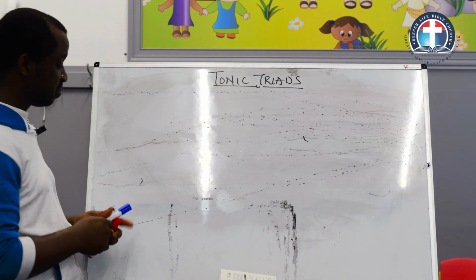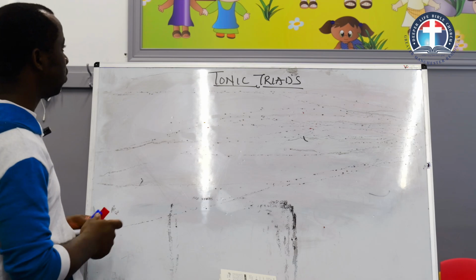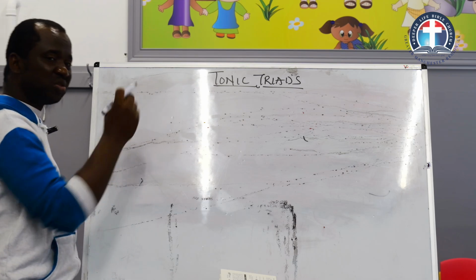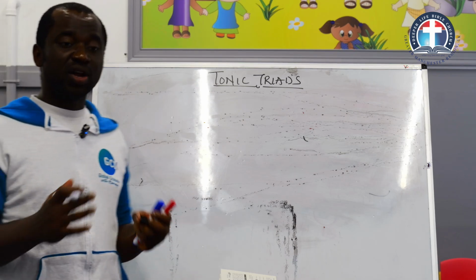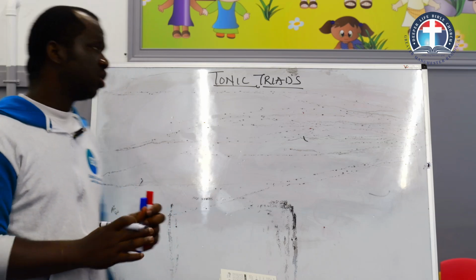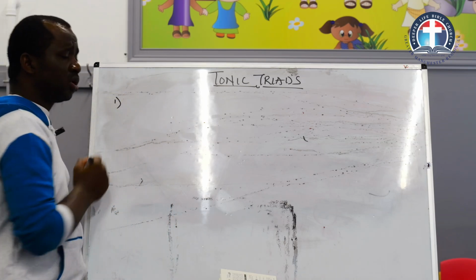Let's make a kind of refresher based on what we've done before. We'll talk about the other forms of triad, but they're only examining you on the tonic triad. So what does tonic triad simply mean?